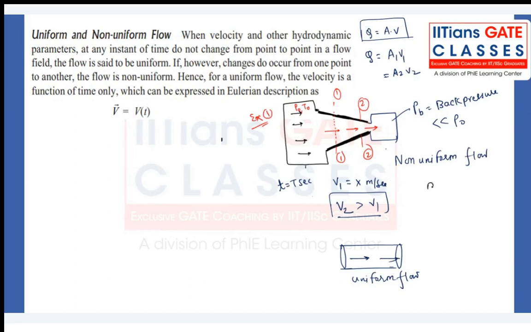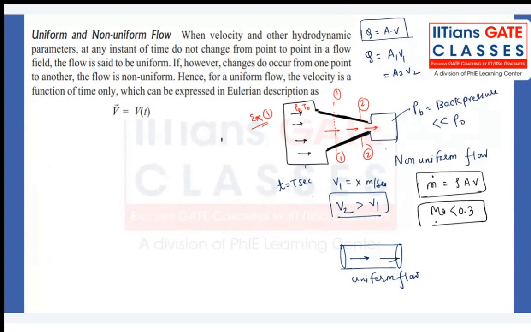Rather, the mass flow rate is rho into A into V. For simplicity, I am assuming that the Mach number is less than 0.3. So now you agree that compressibility effect can be neglected, even though gas flow is there. If the Mach number is very low, lesser than 0.3, we can think of this as an incompressible flow, right?